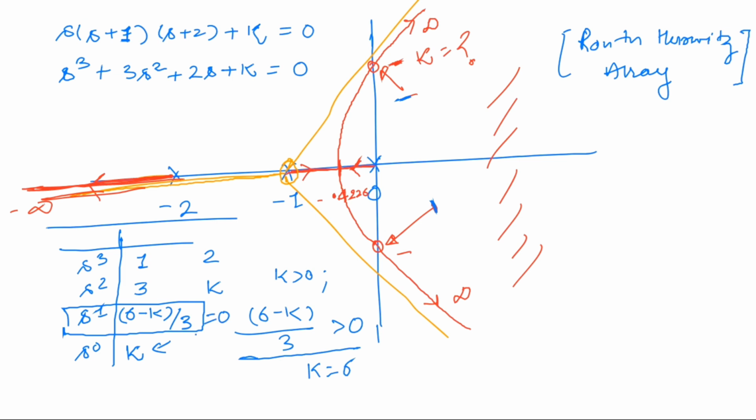So one value we have identified: at k equals 6, the loci will be on the imaginary axis, and beyond k equals 6, the loci will enter the positive half of the plane. To find at which value they cut the imaginary axis, let's form the auxiliary equation, because this row becomes 0 when k equals 6. The auxiliary equation will become 3s square plus k equals 0.